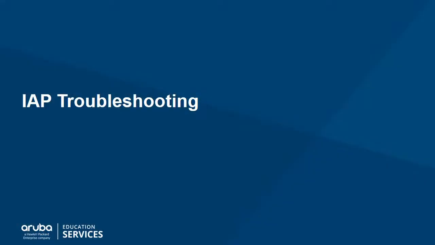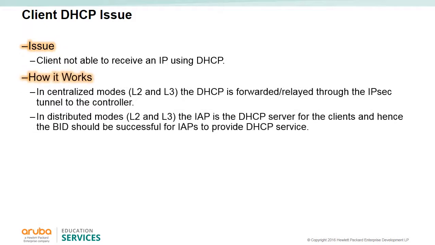IAP troubleshooting. Now let's look at the situation where the client is not able to receive an IP address using DHCP services in an Instant VPN network. In an Instant VPN network, the DHCP servers can either be centralized in the data center or on the IAP.